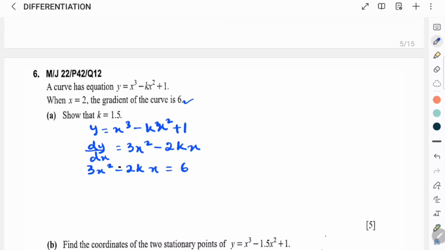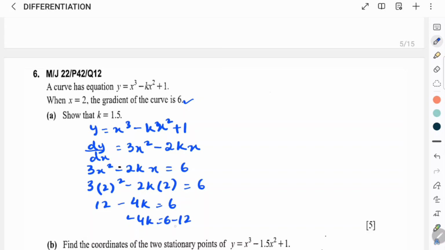Okay, now at x is equals to 2, we have to put x equals to 2, the gradient is 6. So 3 times 2 square minus 2k2 is equals to 6. 4 3s are 12. 12 minus 4k is equals to 6. Minus 4k is equals to 6 minus 12, which is equals to minus 6. So 4k is equals to positive 6 and k is equals to 6 over 4 and k is equals to 3 over 2 or 1.5 shown.